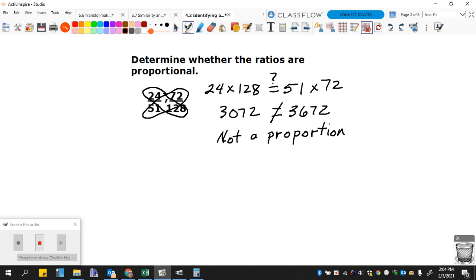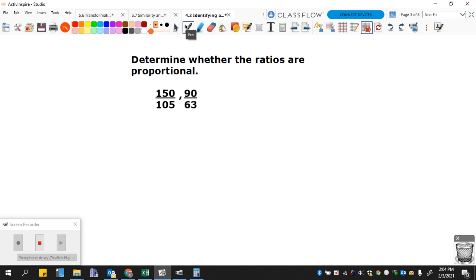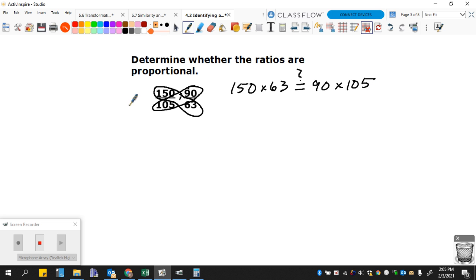All right, so let's do another one. 150 is to 105 as 90 is to 63. We want to see if that is a proportion, or if they are proportional. So we're going to say 150 times 63, is that equal to 90 times 105? It doesn't matter if you go top to bottom and top to bottom, or bottom to top, as long as you cross multiply. It doesn't matter at all.